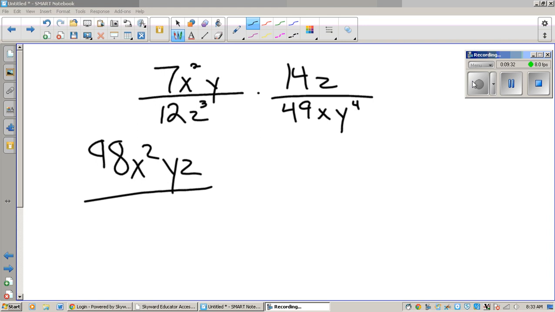So when I multiplied the denominators, I got 588. Then I did 588 divided by 98, and that reduced it down to 1/6.